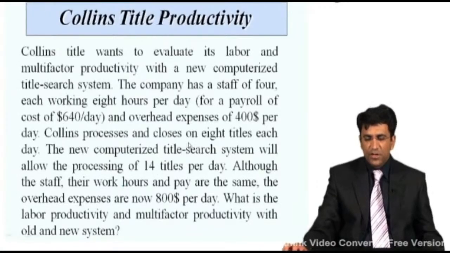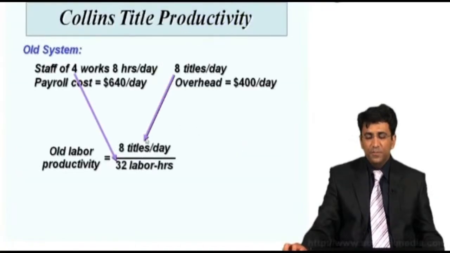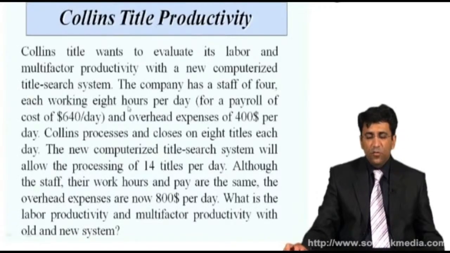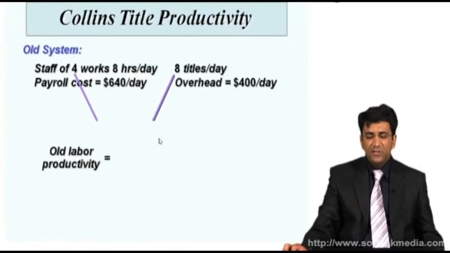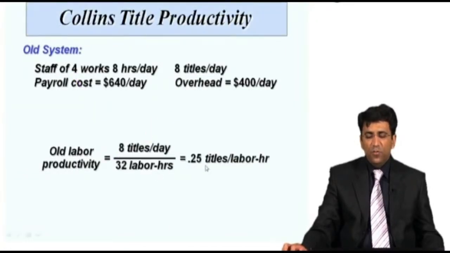As I told you, with the old system he was able to produce 8 titles. So this 8 is your output. And how many labor hours are being consumed? Again, that is 4 multiplied by 8, 32. So this is our productivity with the old system. It will be equal to 0.25 titles per labor hour.